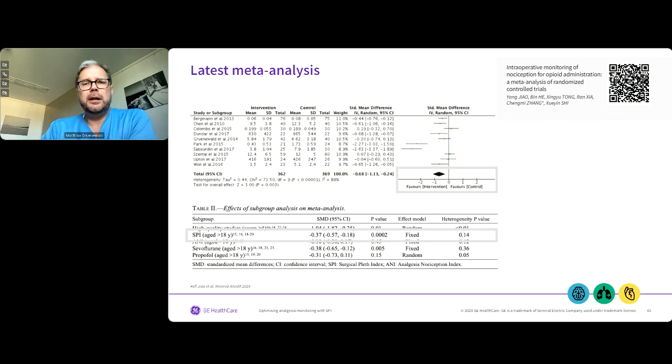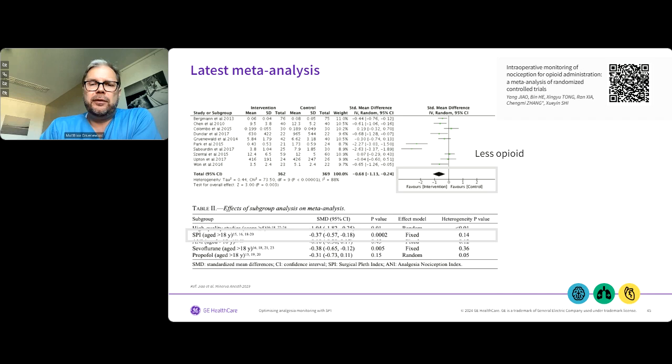There is a newer meta-analysis showing us the effects of the anti-nociceptive monitoring. In those meta-analyses, there are certain different monitors being included, but we see here that we have an effect on the opioid dosage.